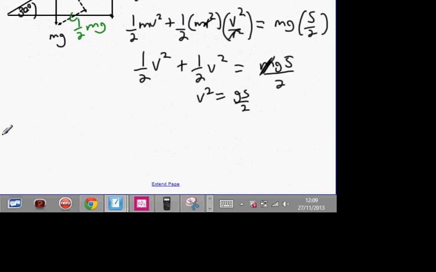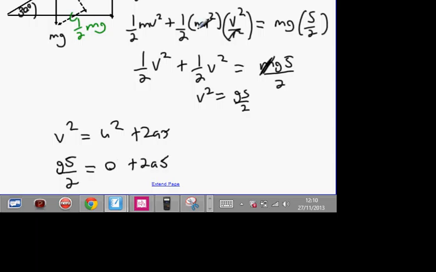Now linear acceleration is going to be a. v squared equals u squared plus 2as, and then v squared equals gs over 2, u squared is 0, 2as is going to be 2a times s. s cancels on both sides. 2a equals g over 2. a equals g over 4 ms to the minus 2. That's handy enough, right?